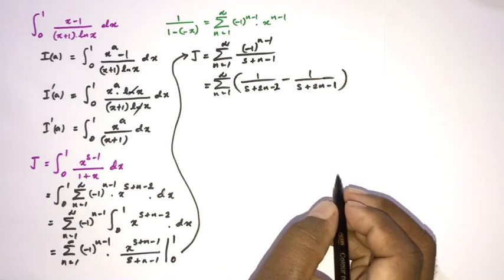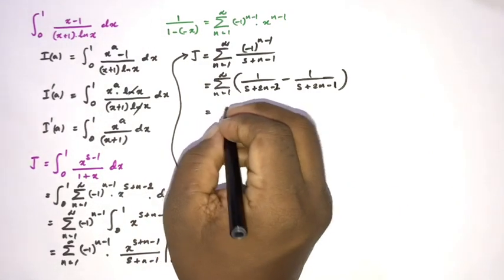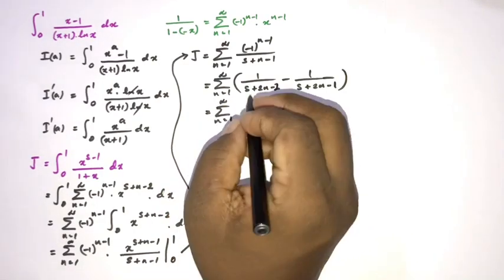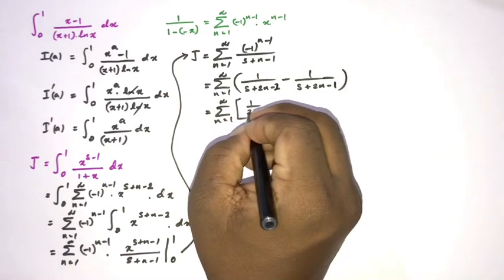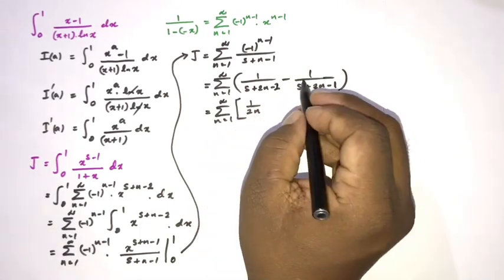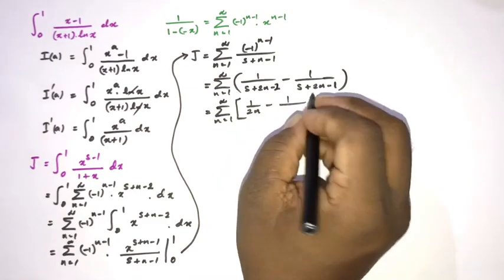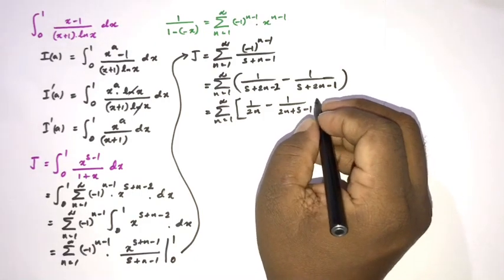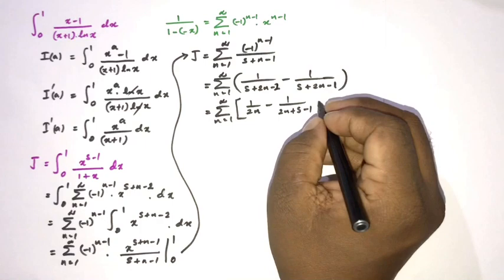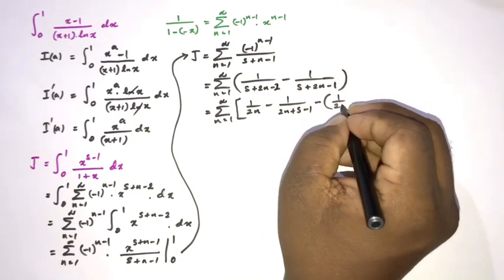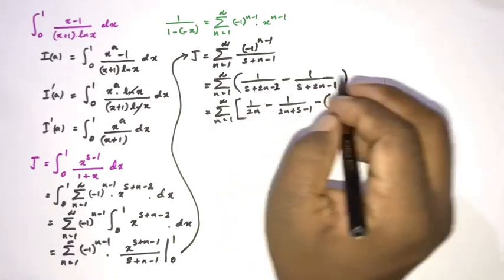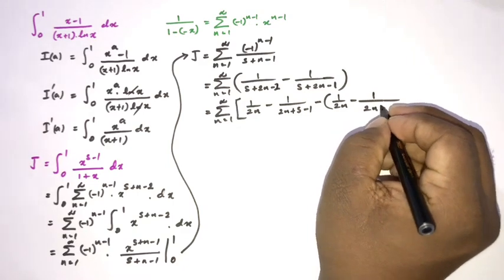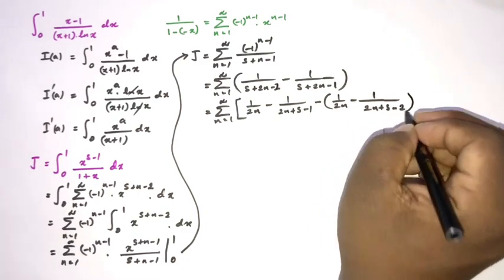Okay, then I am going to add and subtract 1 over 2n, so we can write the sum from 1 to infinity of 1 over 2 times n, then minus 1 over 2n plus s minus 1, then we added 1 over 2n, so we should subtract 1 over 2 times n, and then here also minus 1 over 2n plus s minus 2.